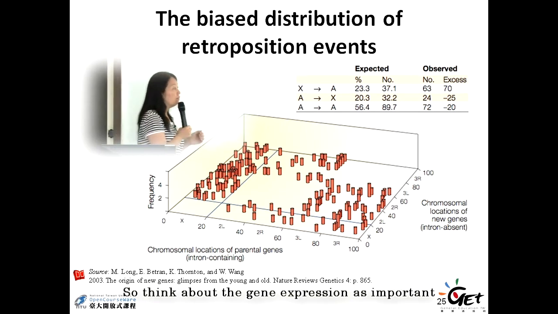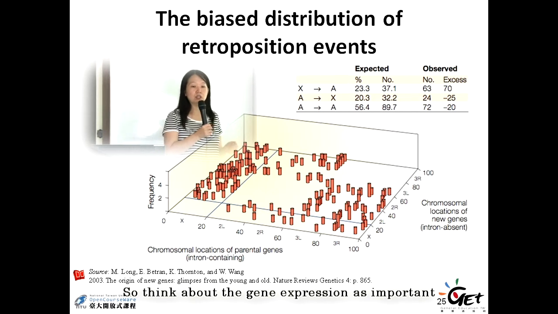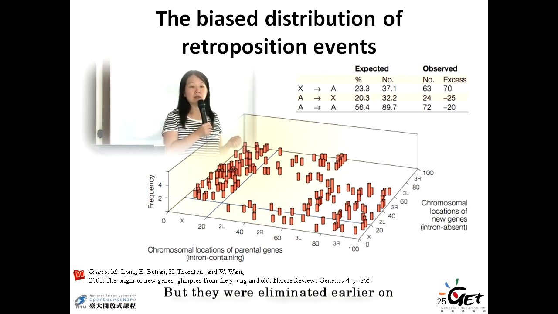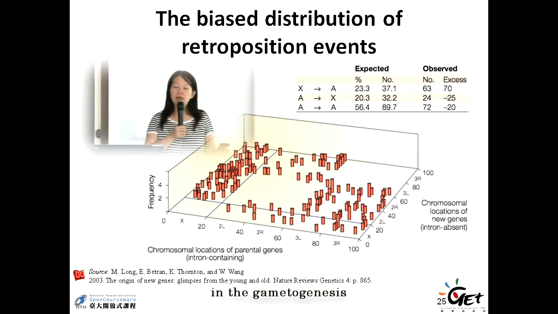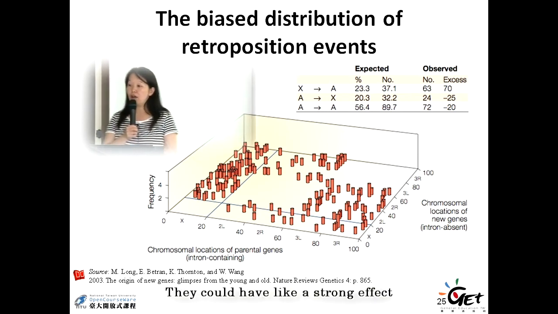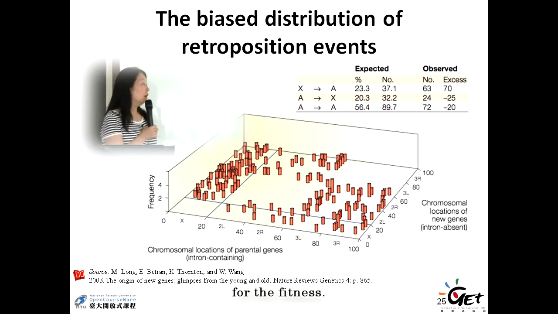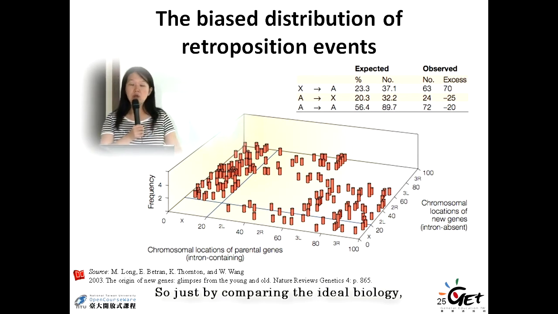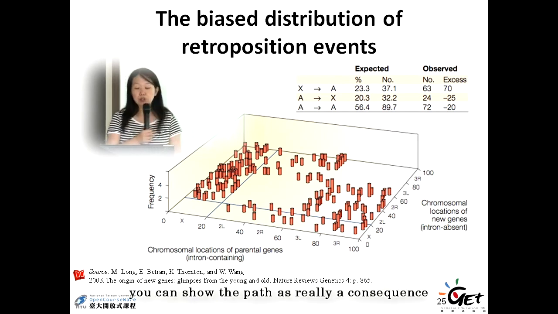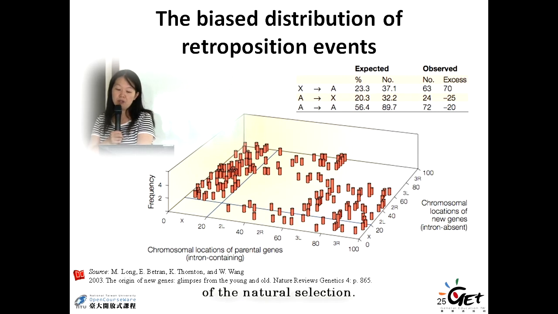So think about it: if a gene's expression is important, but it is eliminated early on in gametogenesis, that could have a strong effect on fitness. So just by comparing the underlying biology, you can show the pattern is really a consequence of natural selection.